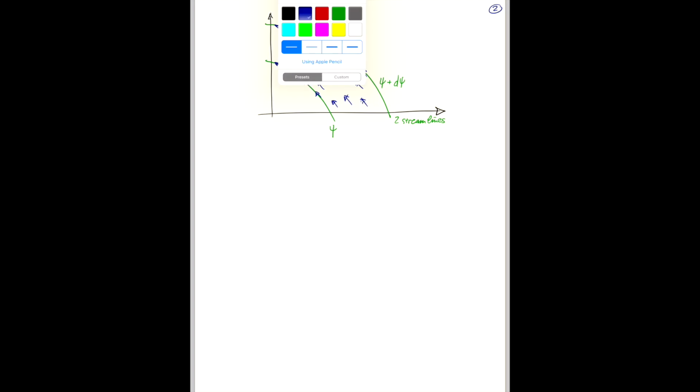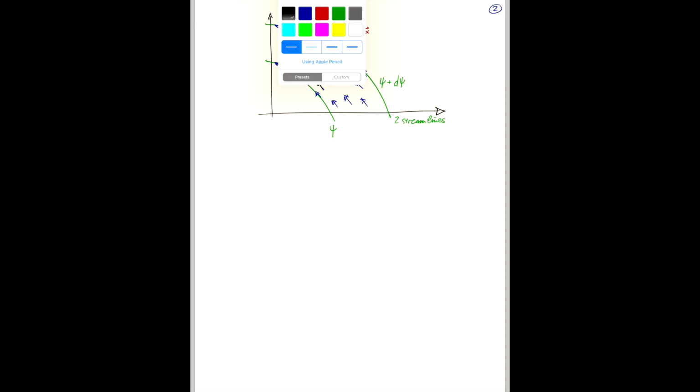So we can ask, what is the flux between two streamlines? If this is point x, then this would be point x plus dx, and this line here is dx, and then we have some flux through, the integral of all these little velocity vectors.